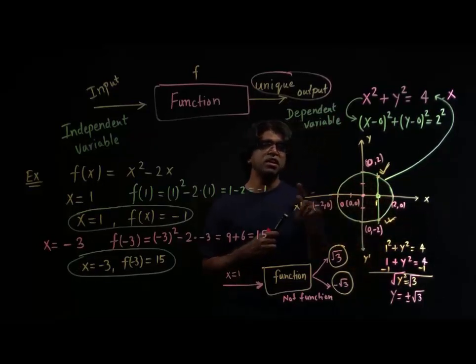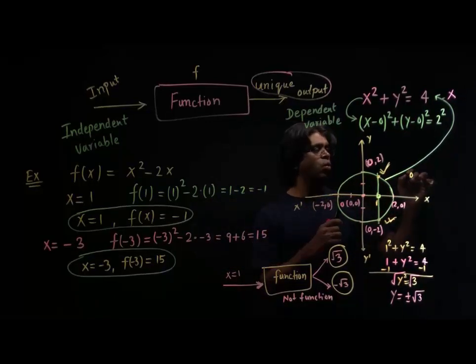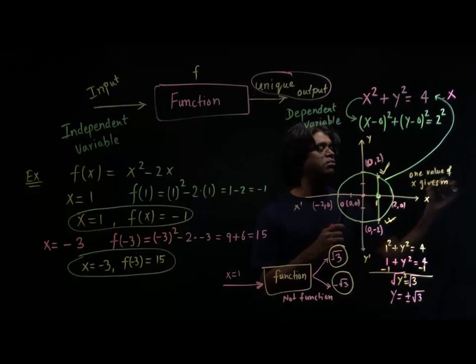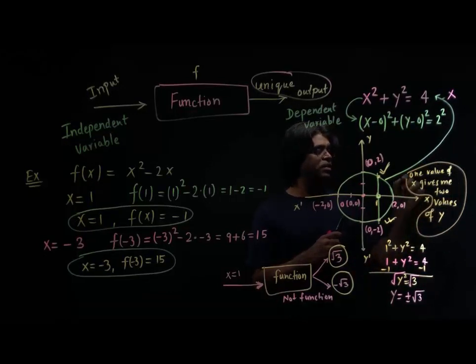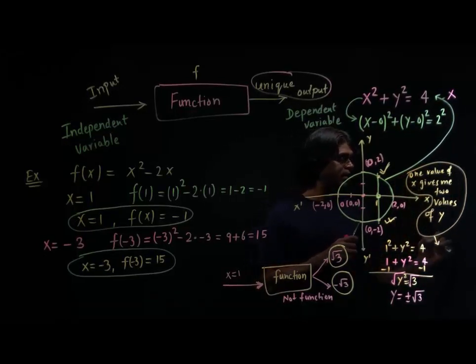So as you can see, for one value of x, let me write it down. One value of x gives me two values of y.